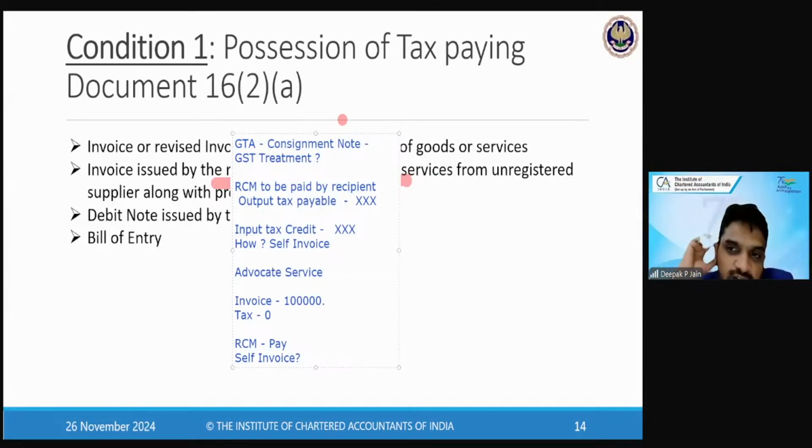Now, self-invoice, should we raise or not? Yes, Ajay Surya, it is under 18% RCM. Self-invoice, Praveen and Ajay Surya are saying no self-invoice.